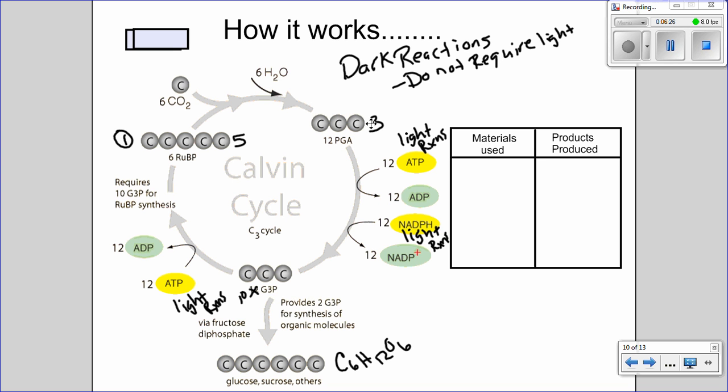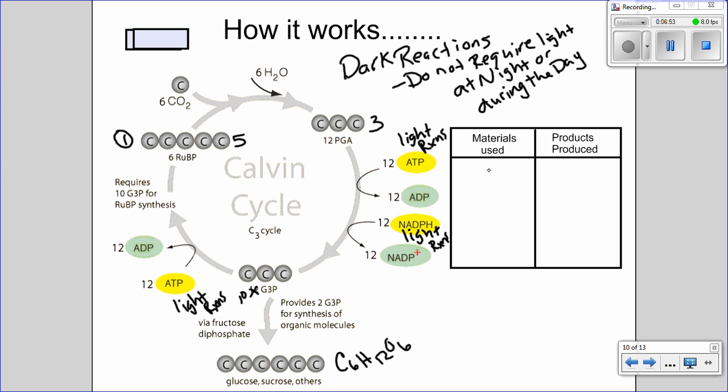Like the light reactions, there's no chlorophyll in this particular cycle, and therefore light is not required. So the dark reactions can happen either at night or during the day. They happen at any time of the day. It doesn't matter if there's light involved or not.